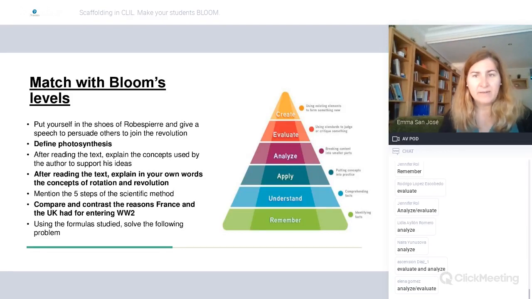So it depends on the subject, the level, the year of the students, and many things. But remember, having the taxonomy in front of you would really help planning those activities and making sure that they're climbing up in a safe way, and that the pyramid doesn't collapse in the middle of the process and they crash against the wall. No, they're going to feel safer.